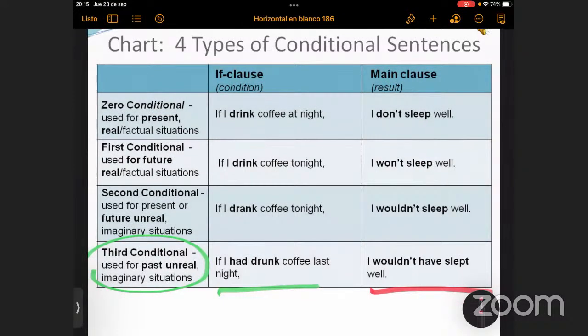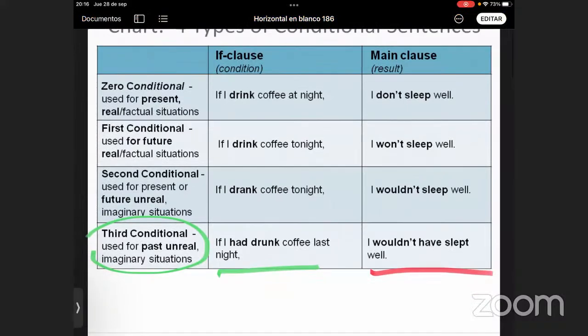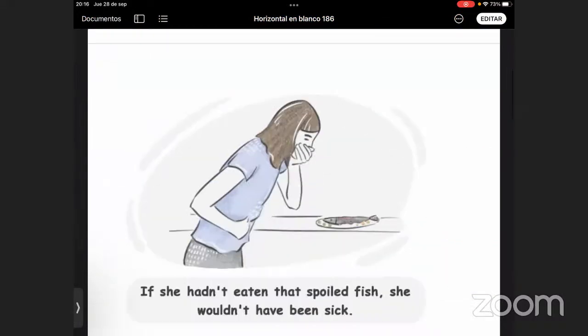Past perfect, condition, result, modal would or wouldn't have, past participle. Questions?